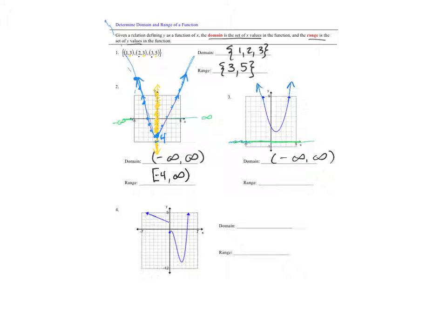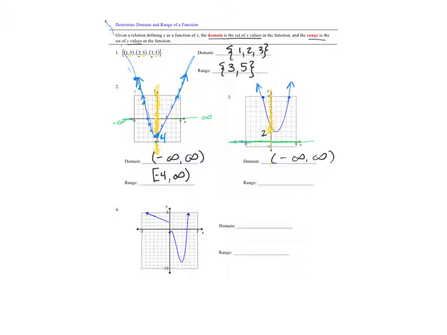Okay, and then for my range, I'm going from the bottom to the top. Okay, so I don't find the graph until right here, and that looks like I'm at a y value of 2. Okay, and then from here on out, all these y values are defined.